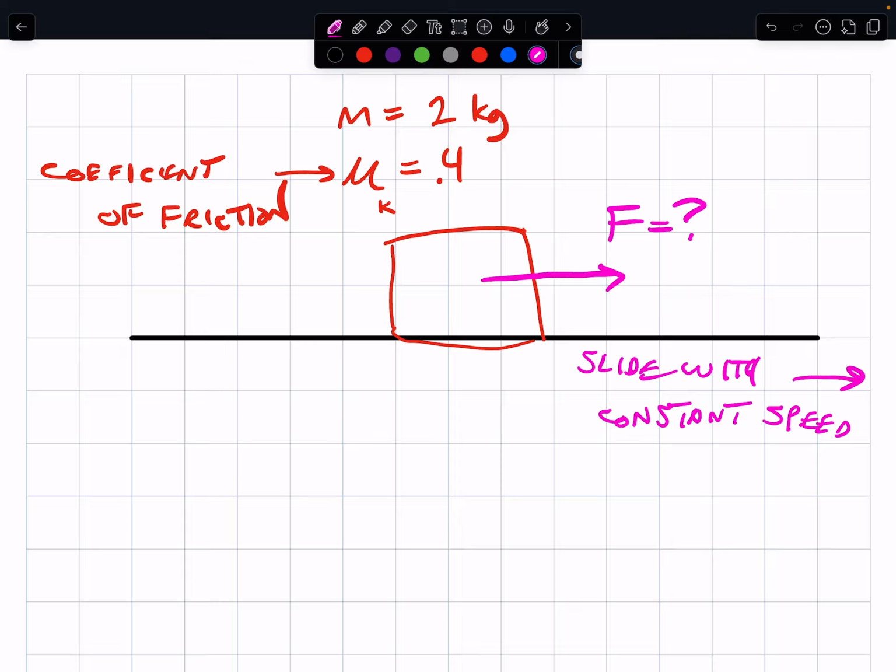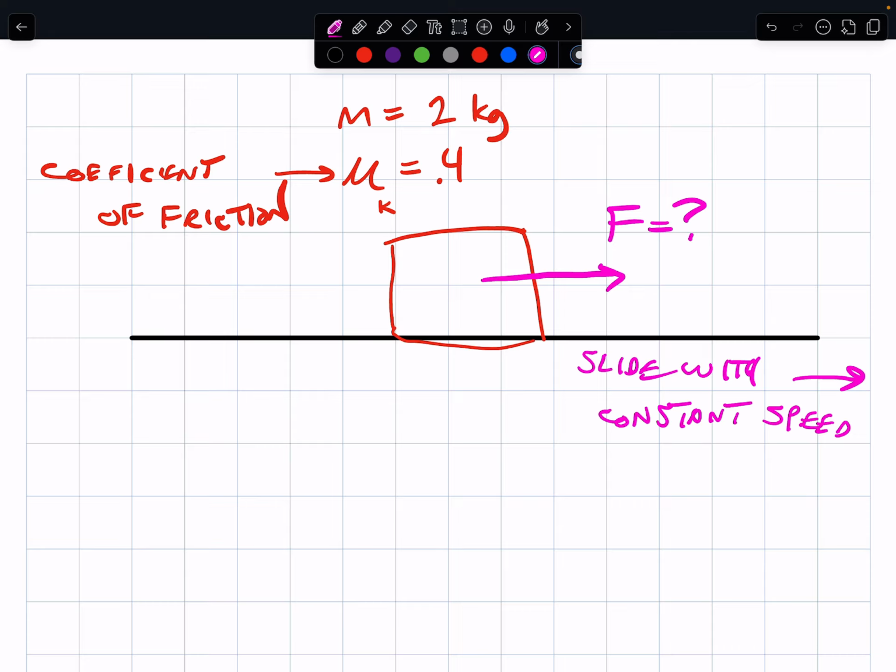The box is sliding to the right with constant speed. So how hard do you need to push it in order to achieve this, right? Well, there's friction, and friction opposes slipping.